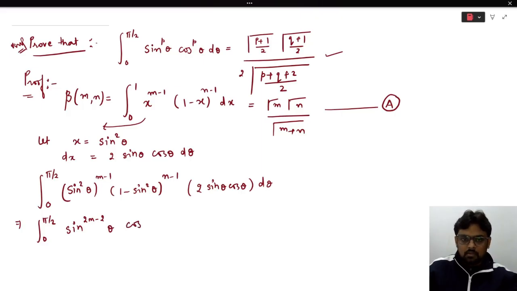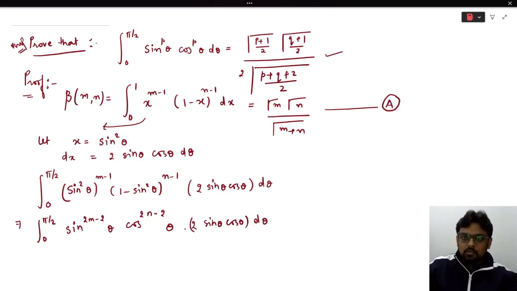This is cos²θ, so this will become this, and this is 2 sinθ cosθ dθ.